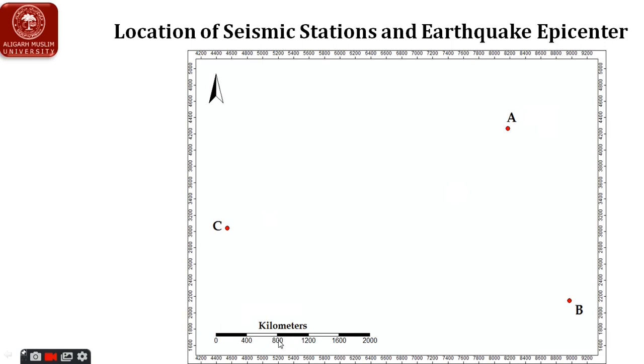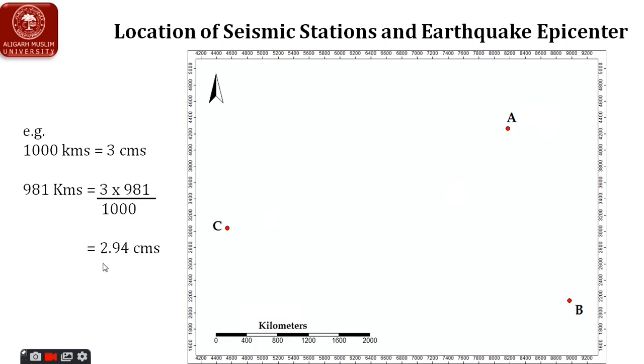So you have to measure the actual length of this scale bar on the paper. So this will give you, let us say for example, 1000 kilometers on the ground represents 3 centimeters on the map. So 981 kilometers will be equal to 3 into 981 divided by 1000. So this will be approximately 2.94 centimeters on the paper.